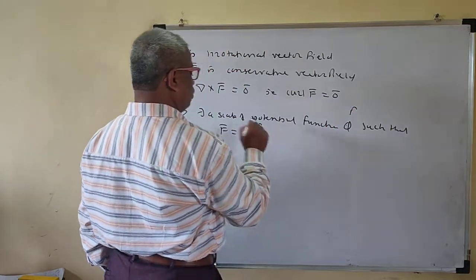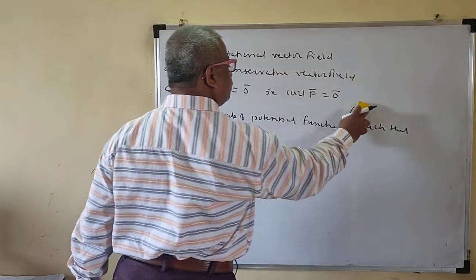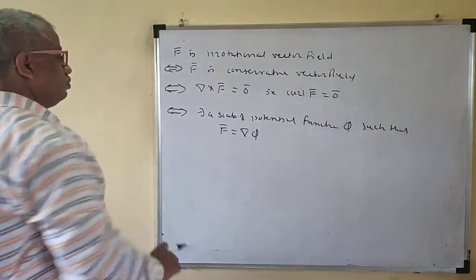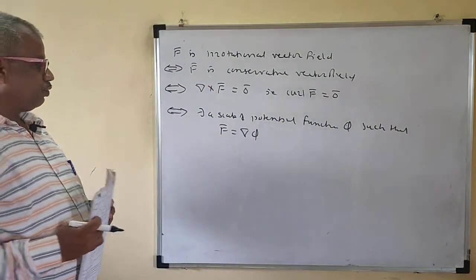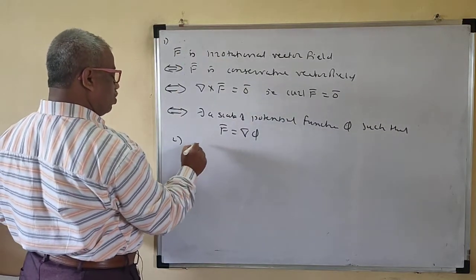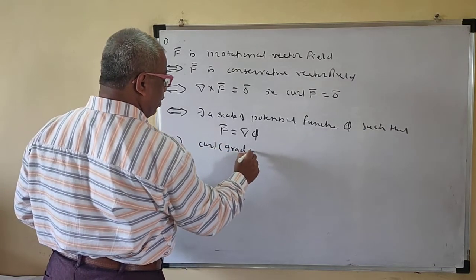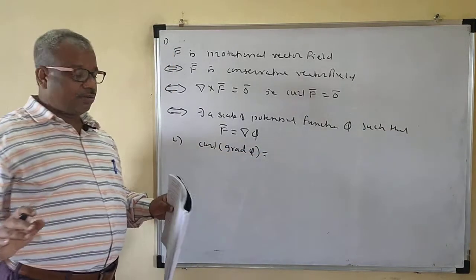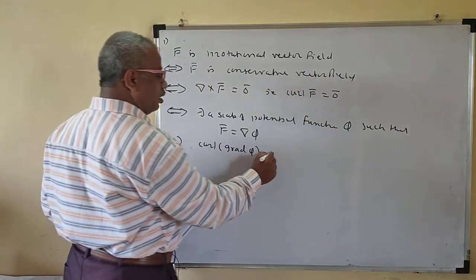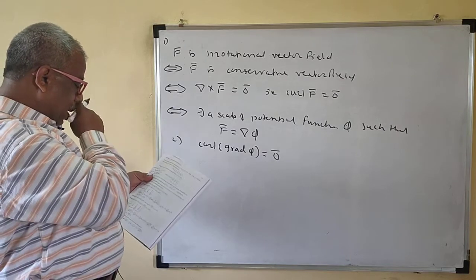So remember this. Okay, this is the first point. Then the second point is, the curl of grad phi, because the gradient of phi is a vector quantity, this is 0 bar.